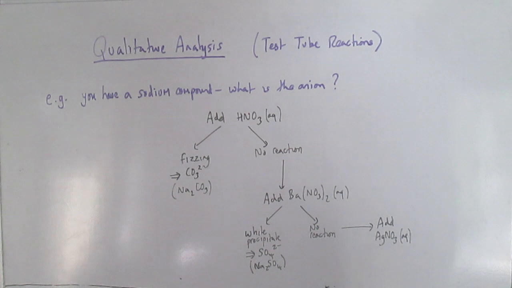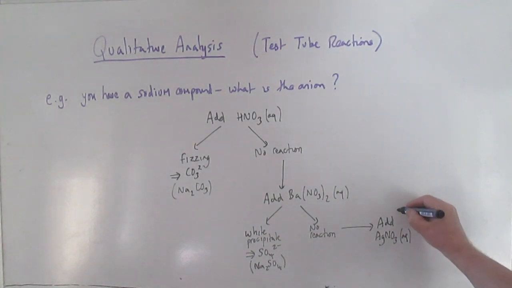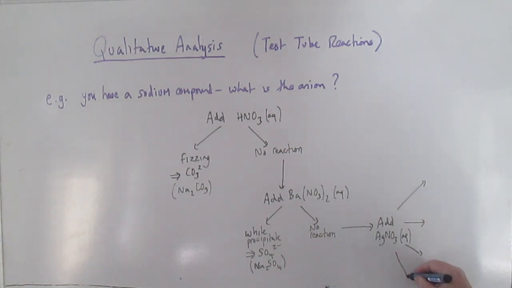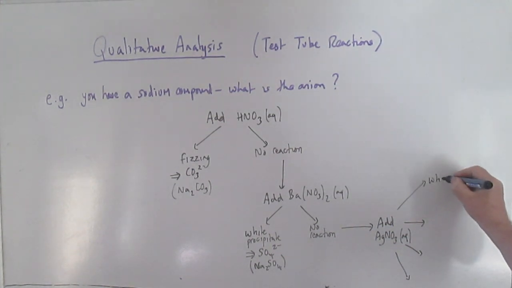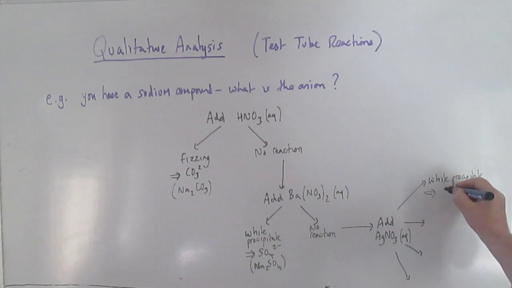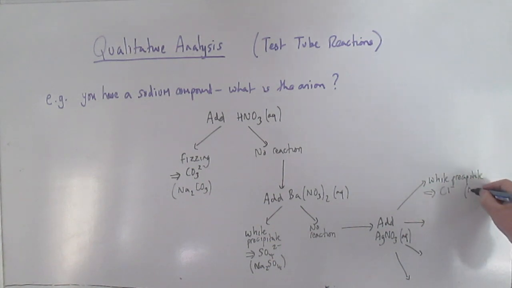Which you have to learn is AgNO3. And this time there are four possible outcomes, because you can get precipitates if you have halide ions and they are different colours depending on which halide you've got. So you might get a white precipitate, which means that you had chloride ions present, so NaCl would have been the compound.